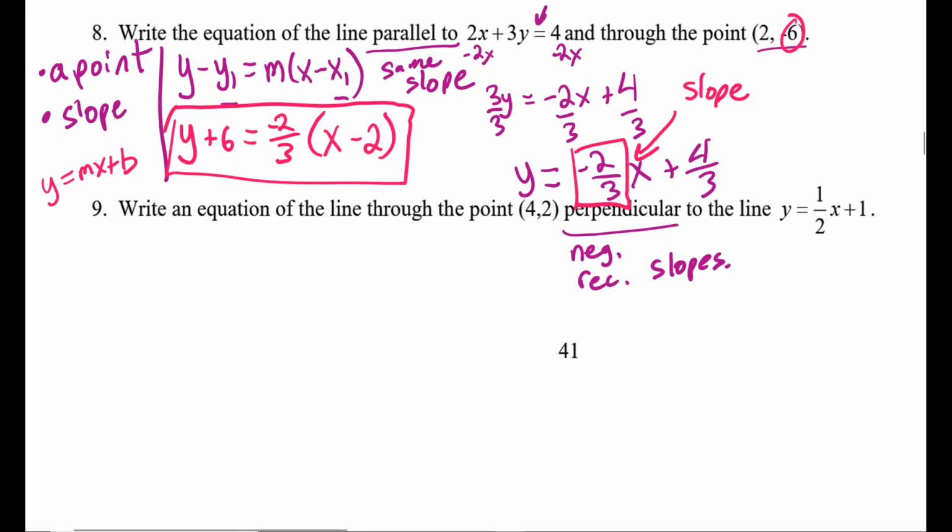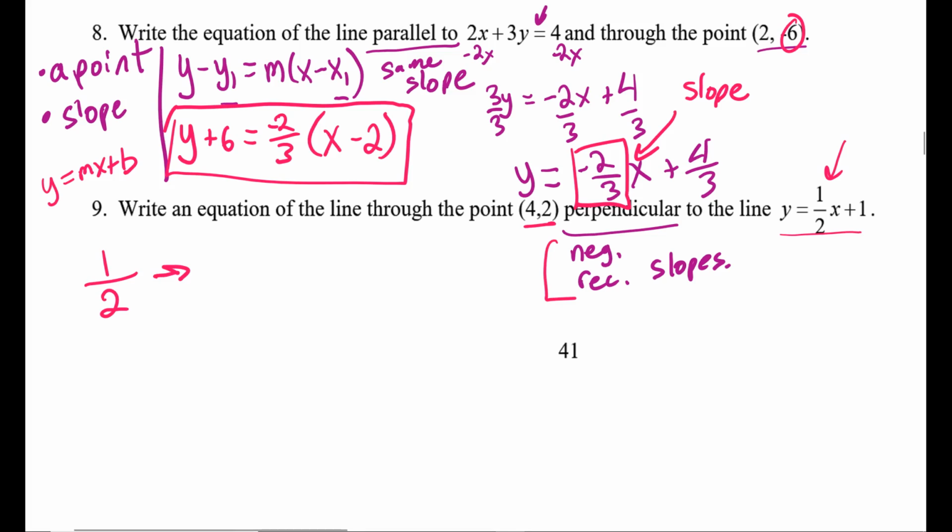So for number 9, if they're asking for the equation of a line through a given point that's perpendicular to a given line, the only thing that changes is that instead of taking the slope of the line they give me, we're going to take the negative reciprocal slope. So remember, negative reciprocals just means to flip the fraction and negate it. So in this case, the slope of the line they give me is 1/2.